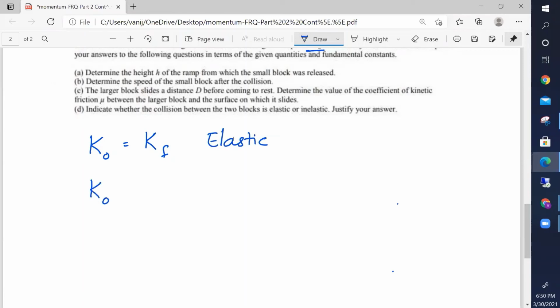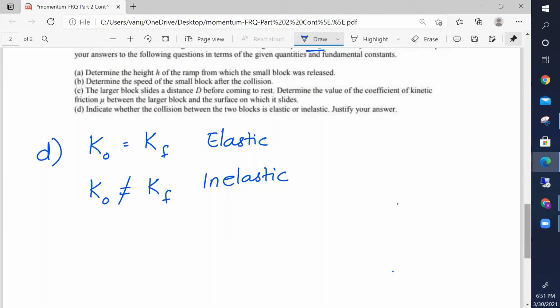And if you show that the total kinetic energy before collision is not equal to total kinetic energy after collision, then I can justify very clearly using this that this is actually an inelastic collision. So the only way you can answer D is by actually determining K initial and K final. Okay, there is no other way to justify this. And if you try justifying any other way, you might not be able to get full score on it.